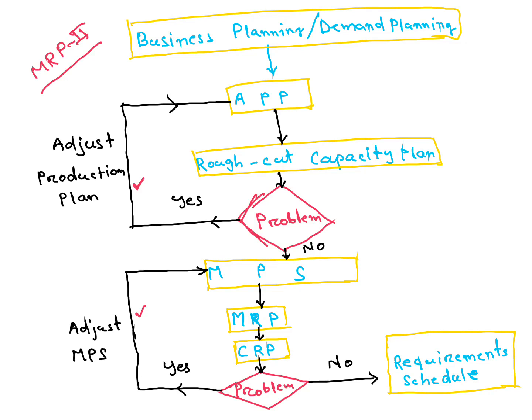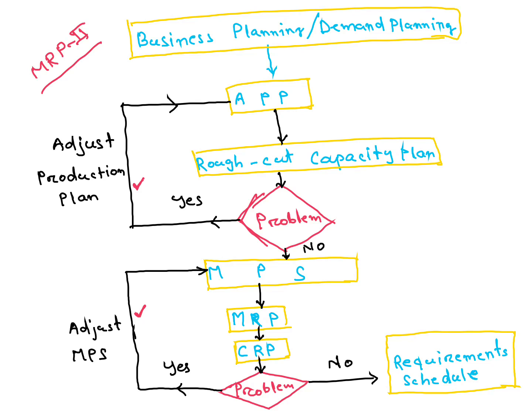Business planning or demand planning involves the customer's order. Then aggregate production planning, APP. Sometimes in between APP and MPS they are doing rough cut planning of items, rough cut capacity planning.